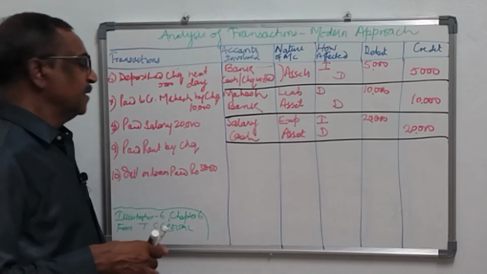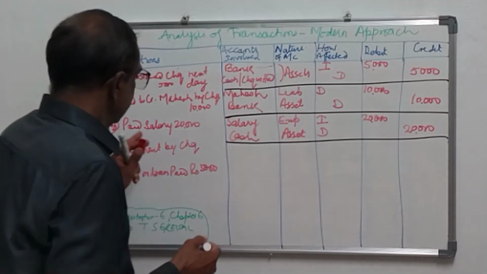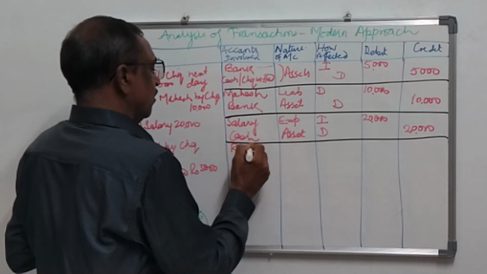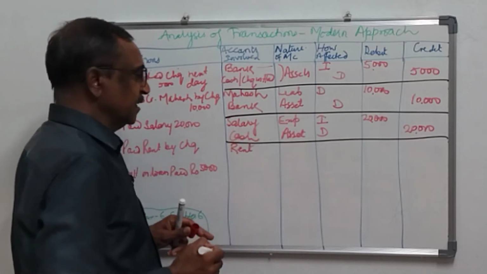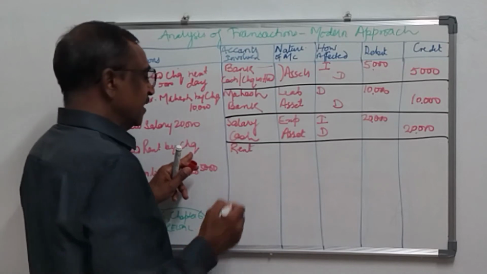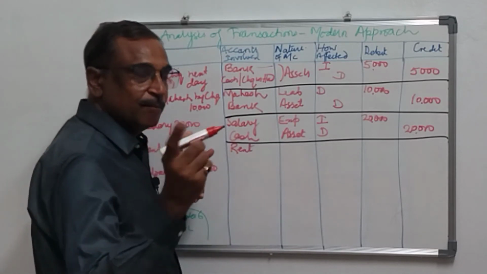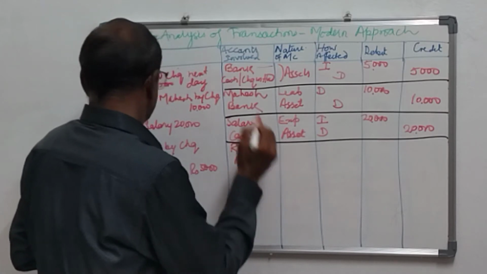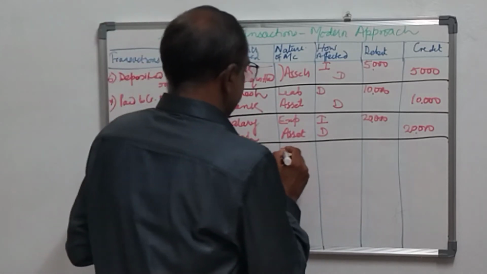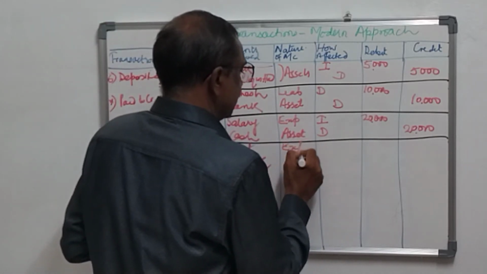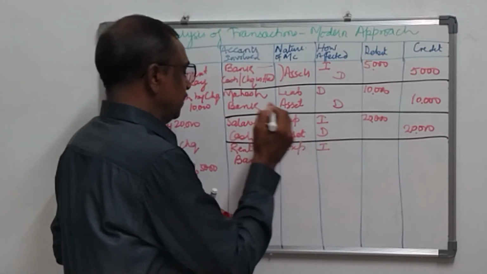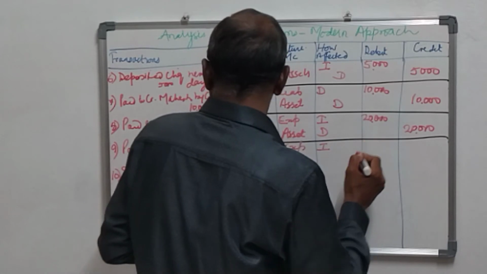And paid rent by check. Rent is your expense. It is involved in this transaction. Since you are paying by check, other account involved is bank. Rent is your expense. Expense is increasing. Increase in expense is debited.